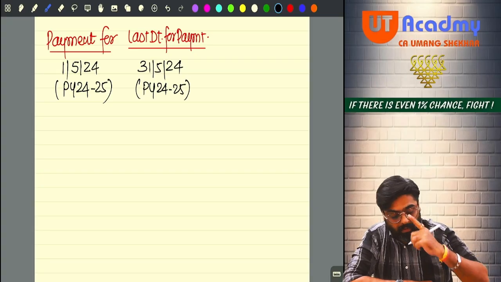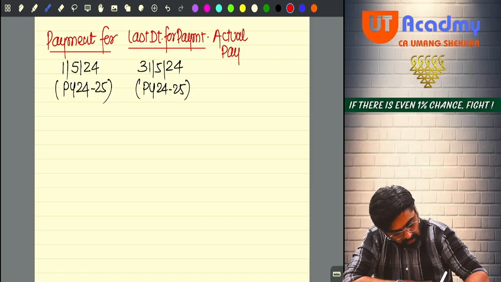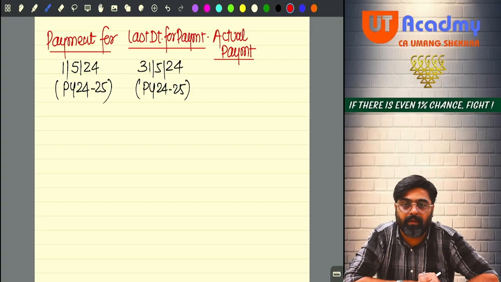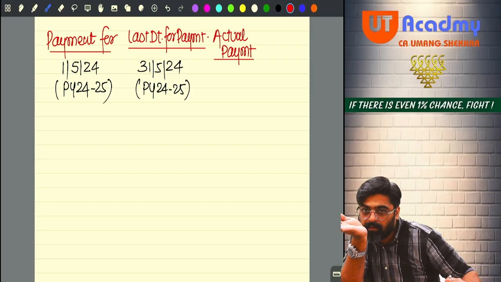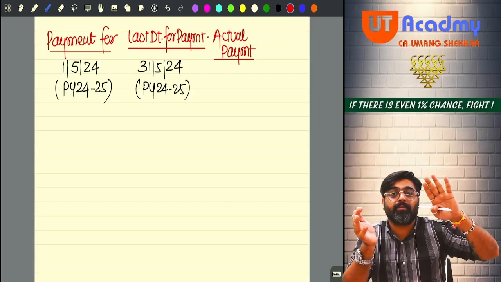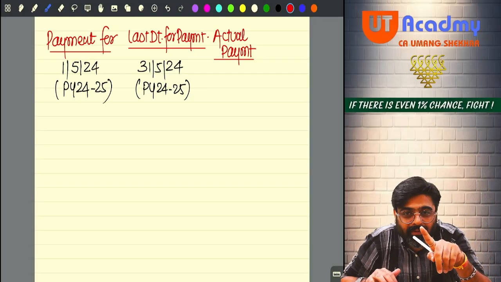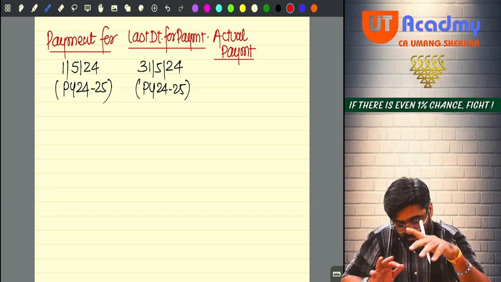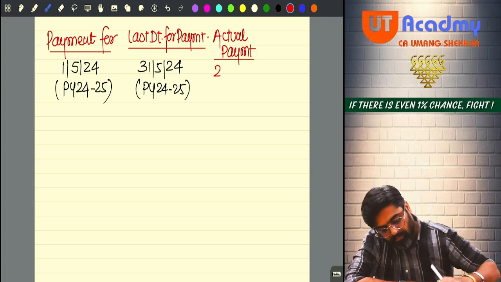Okay. Now actual payment. You have to now see when the payment is actually being made. Is the payment made within the time prescribed, that is on or before 31st May? Or the payment is made after the time prescribed? Getting my point? So this time the payment is made in 3 cases.